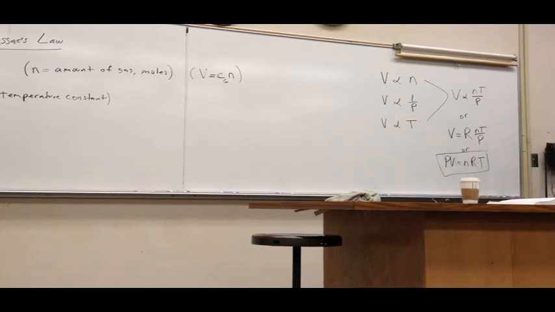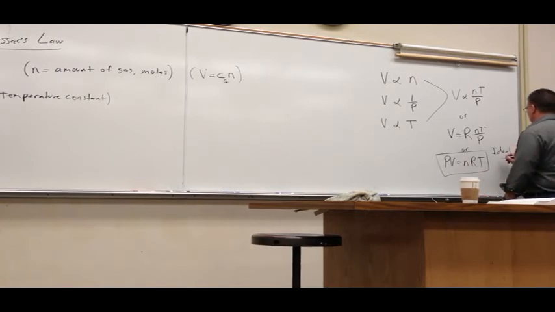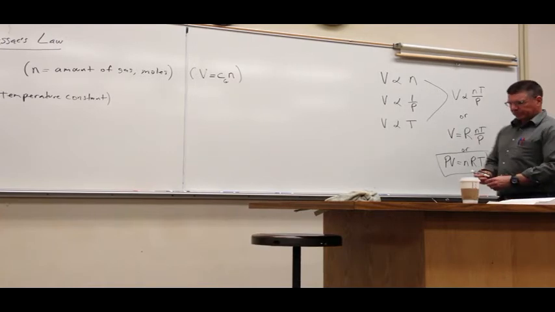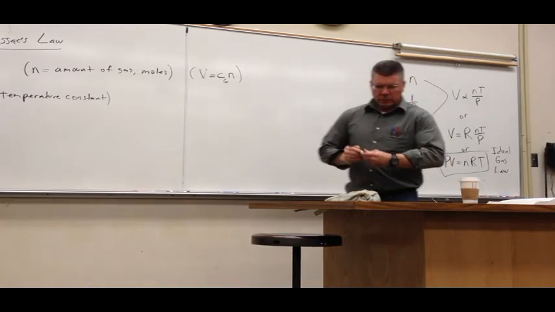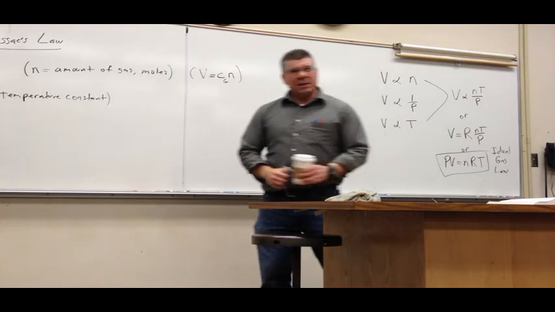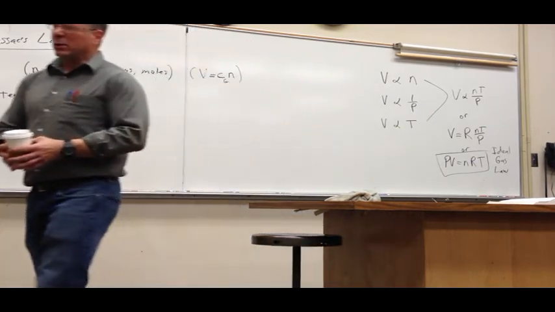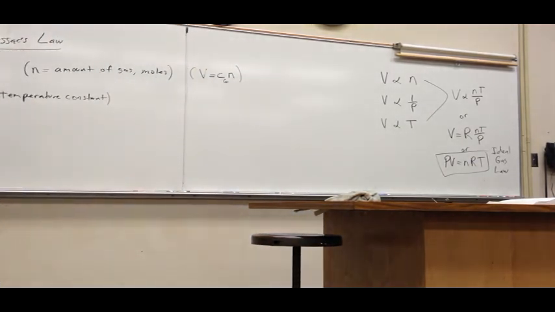PV equals nRT. This is called the ideal gas law. It's called the ideal gas law not because it's ideal, but because it describes what is called an ideal gas.